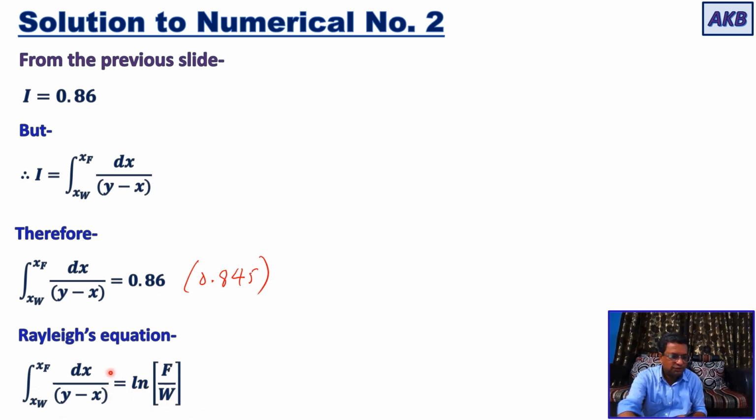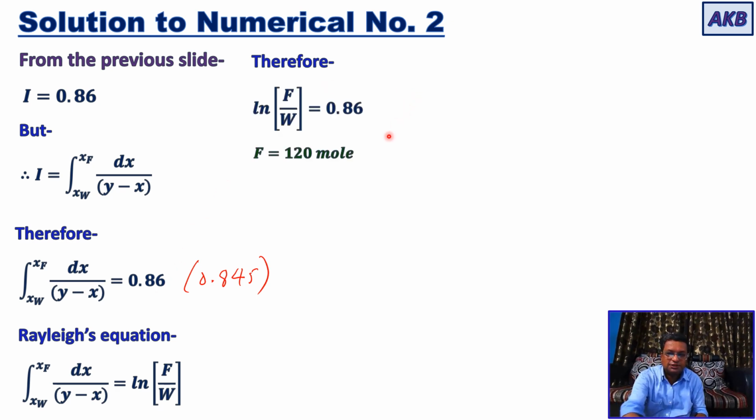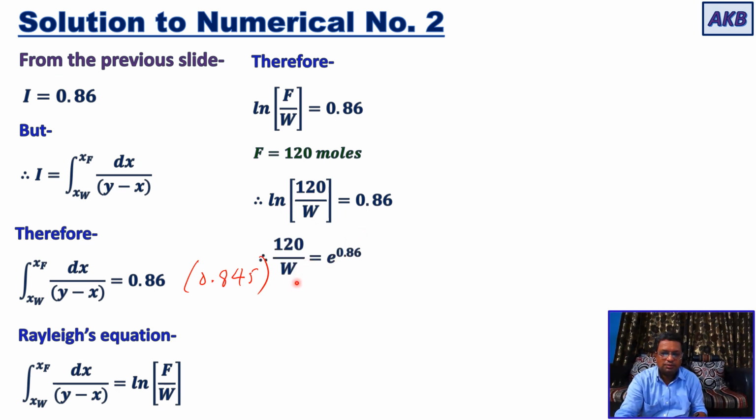Now we know the integral, so let us use the value. That is ln of F by W is 0.86. F is given, F is 120 moles, so ln of 120 by W is 0.86. So 120 by W is e raised to 0.86, that is 120 by W is 2.36, so W is 120 by 2.36.